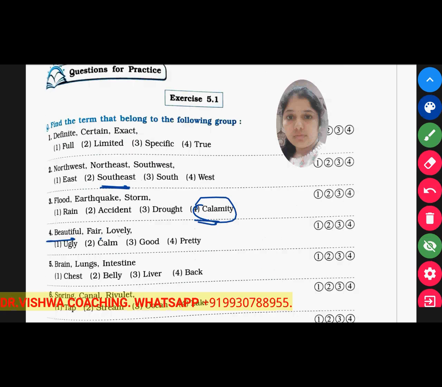Now beautiful, fair, lovely, and again you have to identify the similar word. So pretty is the word that matches beautiful, fair or lovely. Like this you can solve.